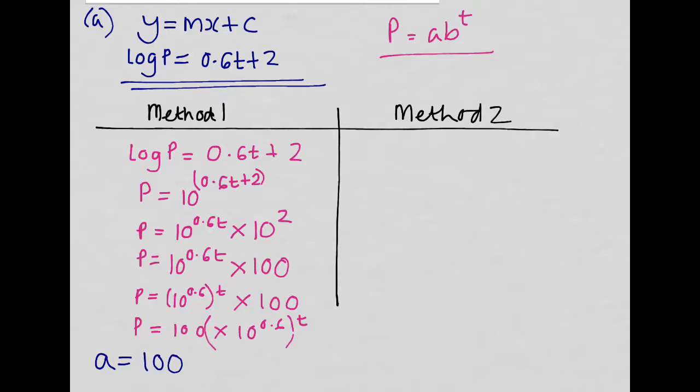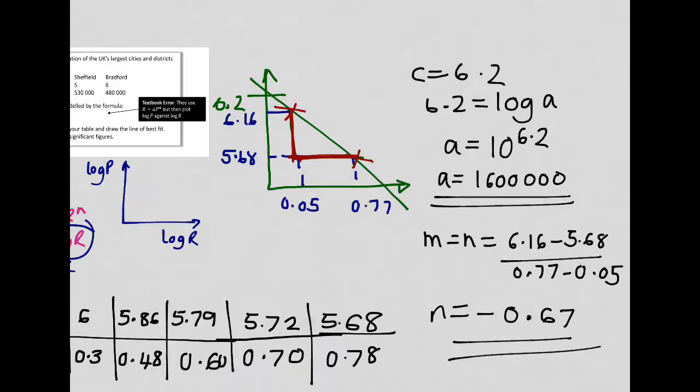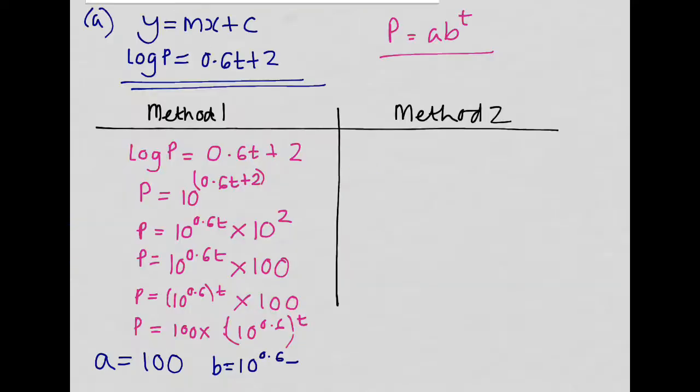And actually, I've put my bracket there in the wrong place. That's better. I can then also say that B must equal 10 to the 0.6, which is 3.98 to 3 significant figures.